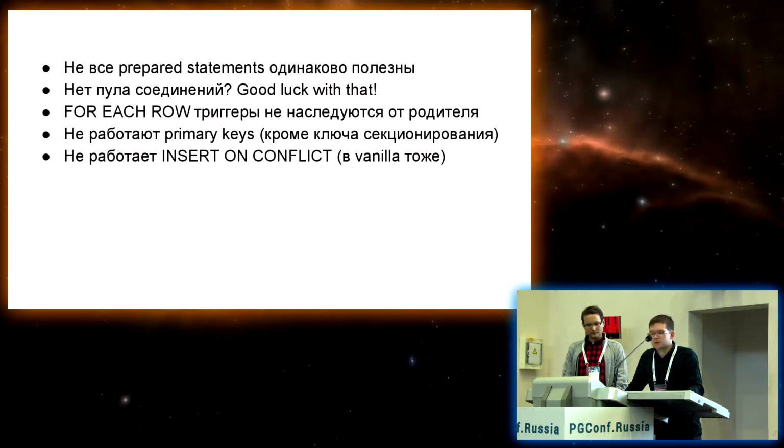Right. What is the disadvantage of Pathman? Not all prepared statements are equally useful. What does this mean? Well, practically all partitioning works with prepared statements not so well, because we can relatively easily optimize if we have known values. If the partitioning key is less than a certain constant, then we can select the right partition right away.